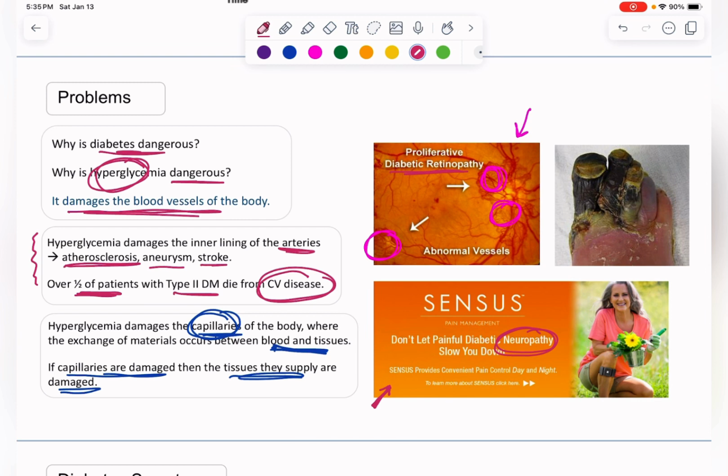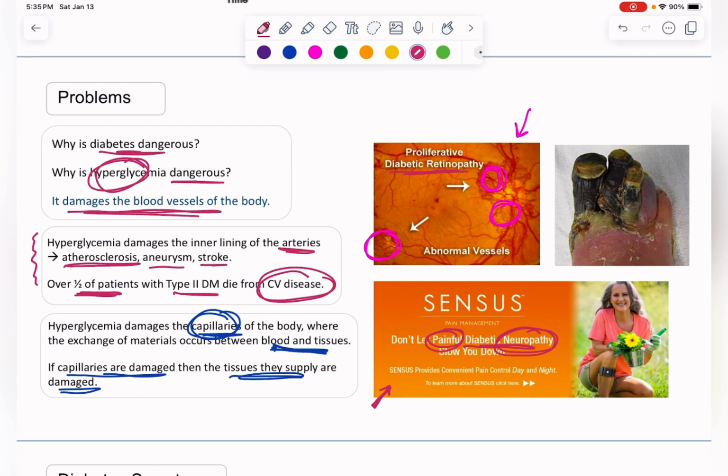If you have damage to the neurons that serve these areas, it's called diabetic neuropathy, and apparently this is pretty painful. It can lead to tingling and pain, and so now they have drugs to help reduce some of that pain. But again, at that point, you're just treating the symptoms. The cause is that hyperglycemia.